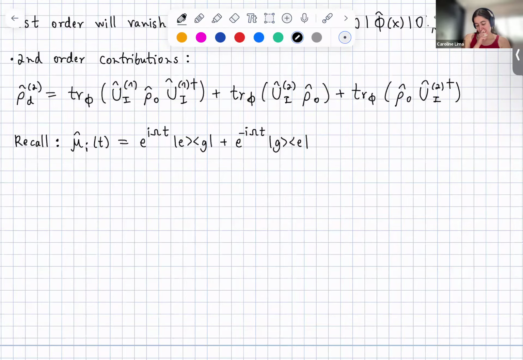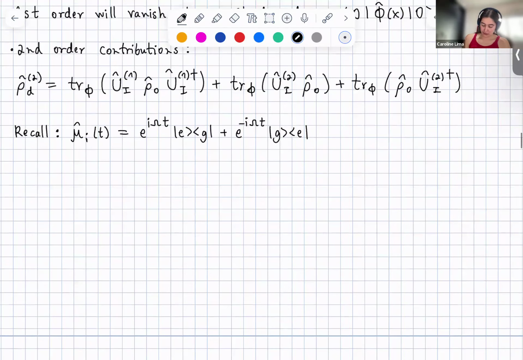Okay, so this is the monopole operator, and then I want to compute what happens when I act with it on the initial state of the detector, which we chose to be the ground state, right?